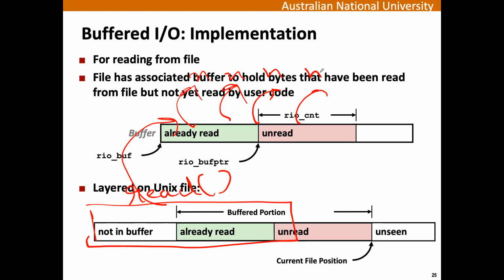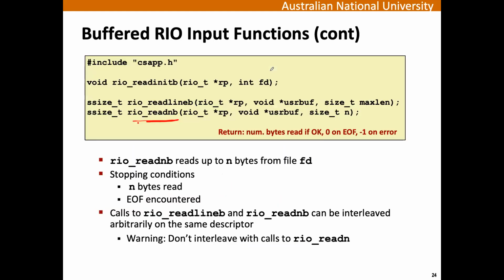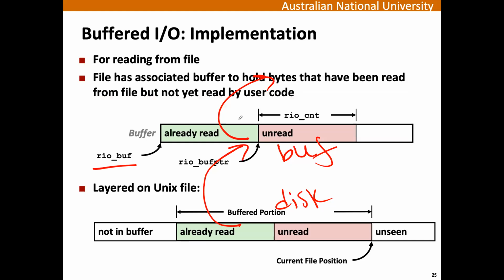So this is how you amortize the cost of the read system call by reading a large chunk and returning to the programmer n bytes at a time. Now we have a transfer from the file on disk to this buffer, rio_buf, and then from here to the other buffer, the second argument of these functions. So now we have an extra copy, but we prevent making too many system calls.